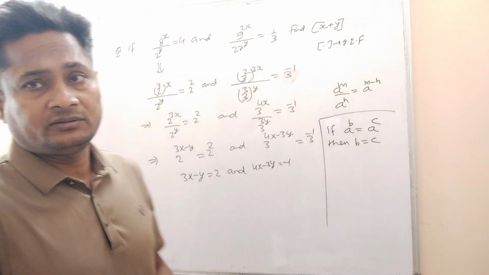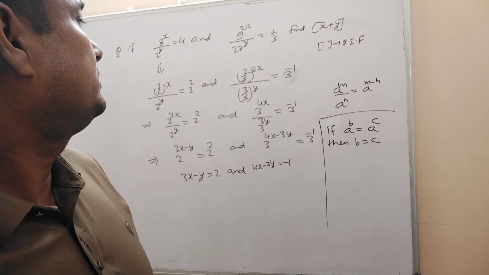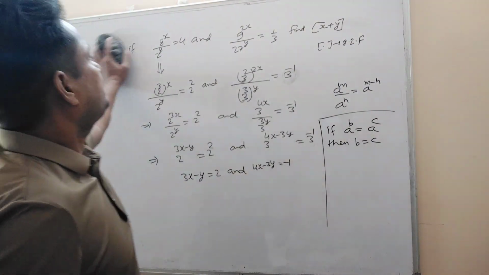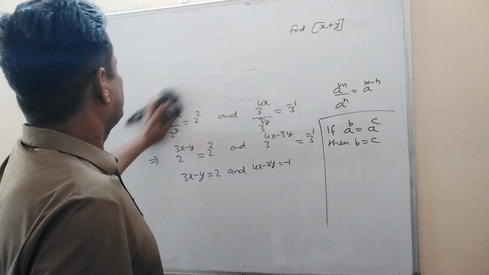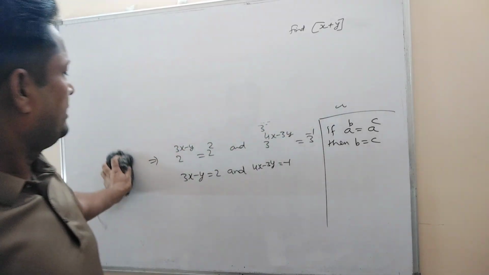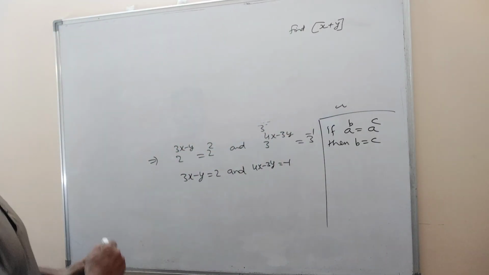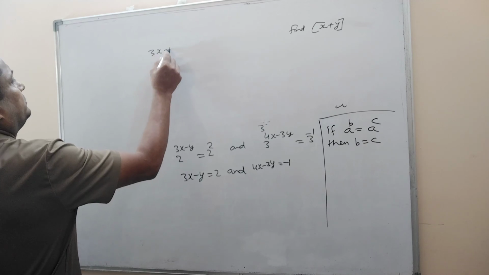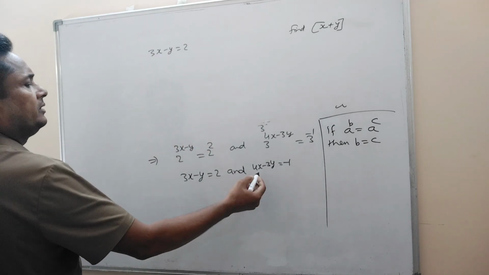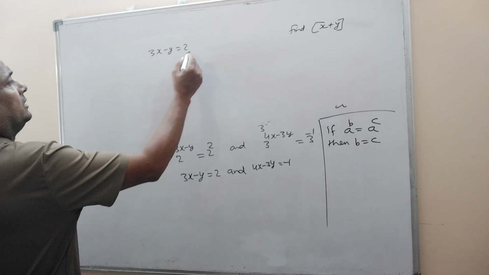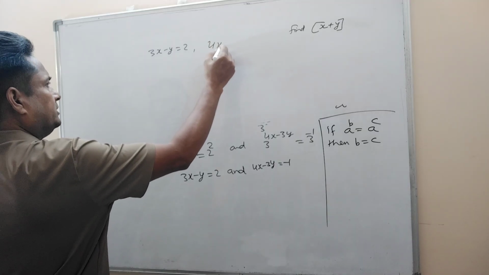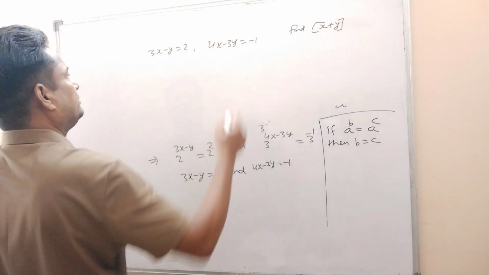So we are getting two equations. Now we can solve these two equations. What will be the solution? 3x minus y is equal to 2, and the next one is 4x minus 3y is equal to minus 1.